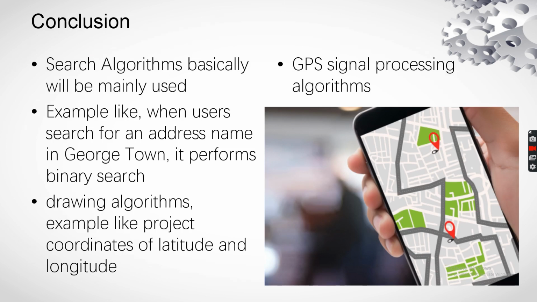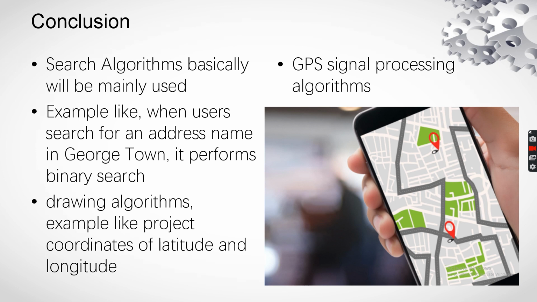In conclusion, among the given information, this project will be explaining some network elements and also developing the tourist information system in Penang. Search algorithm basically will be mainly used when performing a specific search on a sorted dataset.